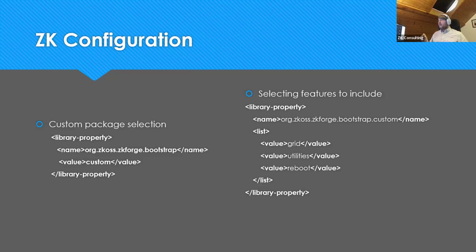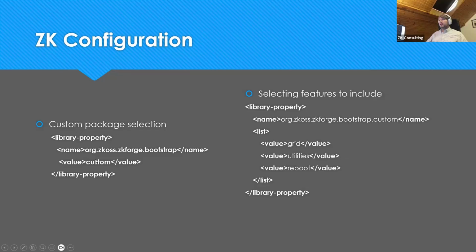To note, ZK does something like that. We have a norm CSS DSP also included in ZK, which has the same function, but the reboot package is specifically designed to work with the Bootstrap classes. So whether you want it or not will depend on your design choices, but you can turn it on or turn it off from here.